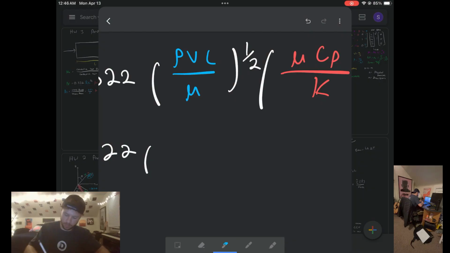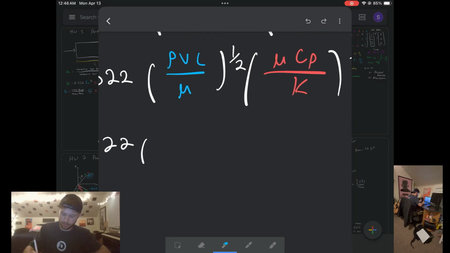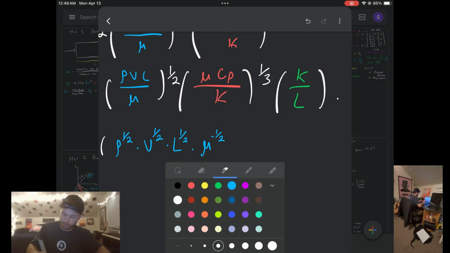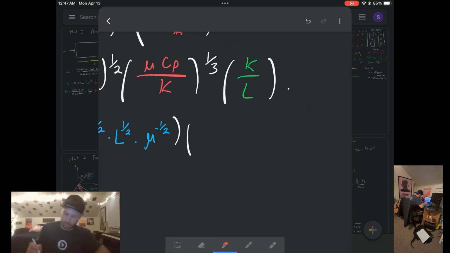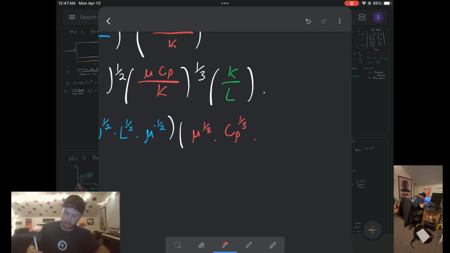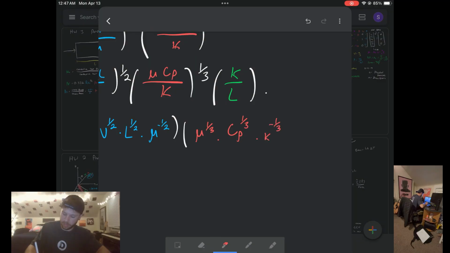So let me actually say density to the 1/2 times our velocity, length, and mu, viscosity, to the negative 1/2, multiplied by the Prandtl number, which will be our viscosity to the 1/3 times our heat capacity to the 1/3 times our thermal conductivity to the negative 1/3.